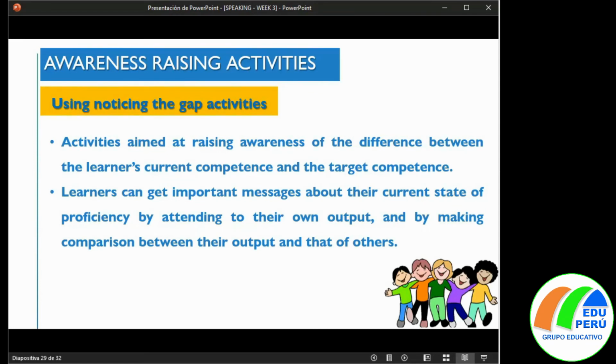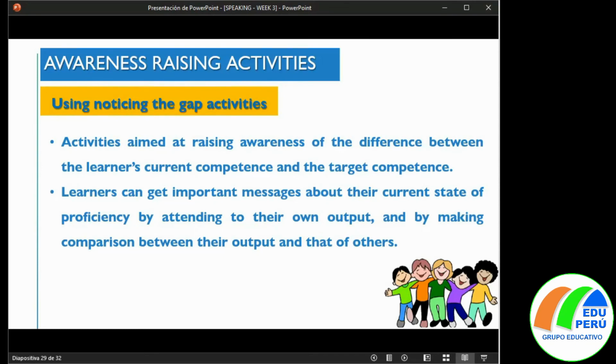For example, one of the activities that you could do here is when they have to perform a conversation in front of the class. So the other students who are listening, oh, notice, he pronounced the word in that way. Oh, yeah, we're gonna do the same. Oh, notice, this idea is good. So they are noticing, comparing.